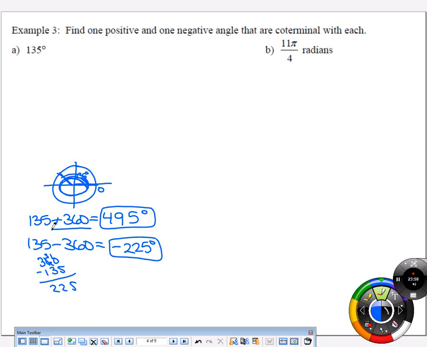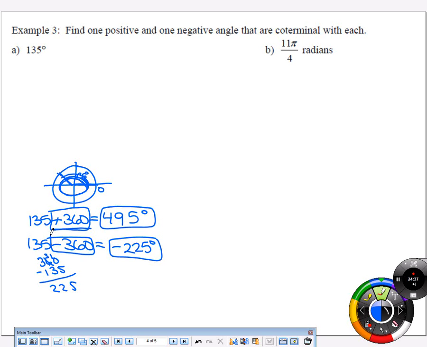If I wanted another positive coterminal angle, like they wanted you to list 5 of them, what would I do to 495? Well, I could just add another 360 and then add another 360 and add another 360. So if you want to find more positive values that end in the same position that you're currently at, you should add 360 degrees to it. What about if you want negative values? Yeah, we should subtract 360, okay, until we get a negative value that would end up in the same place.